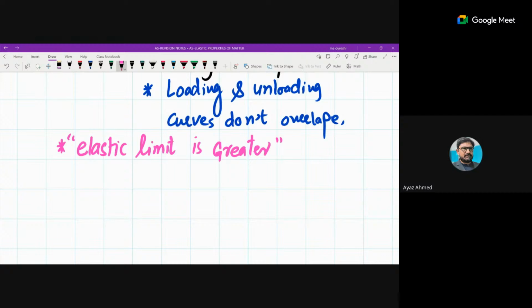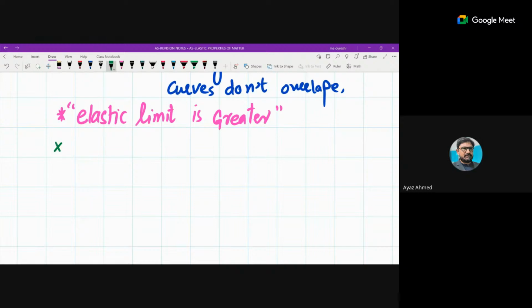And secondly, once they are permanently deformed, they will not come back to the original shape.